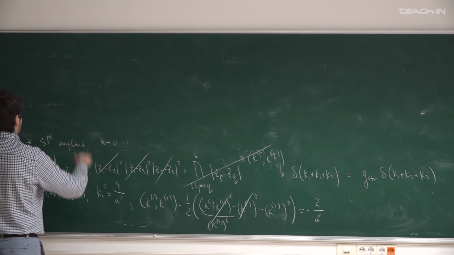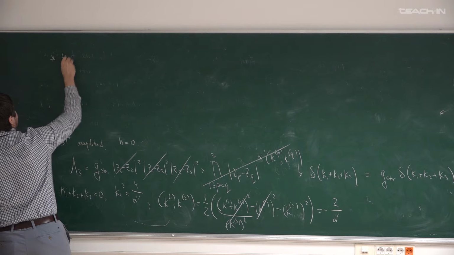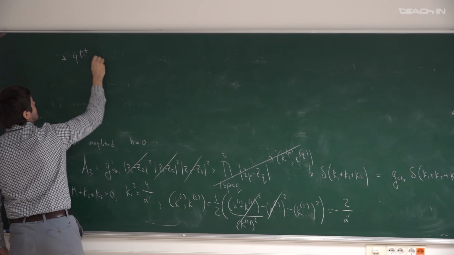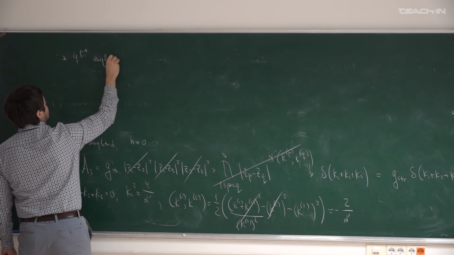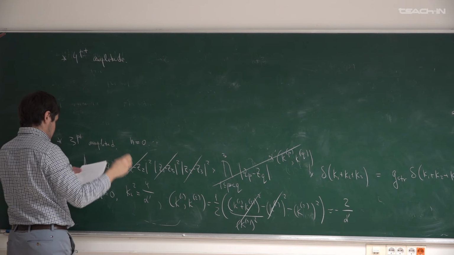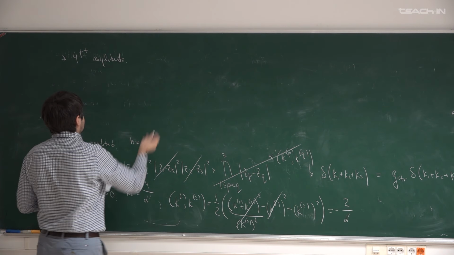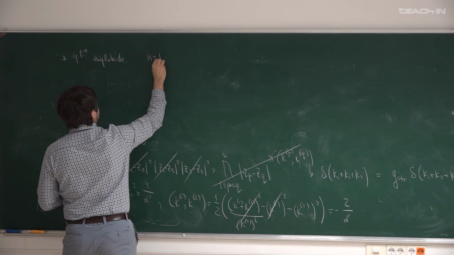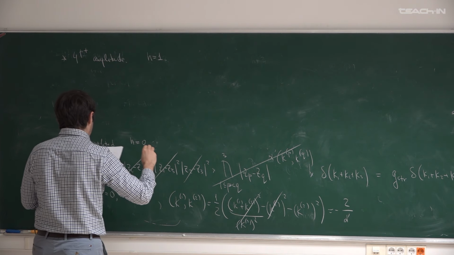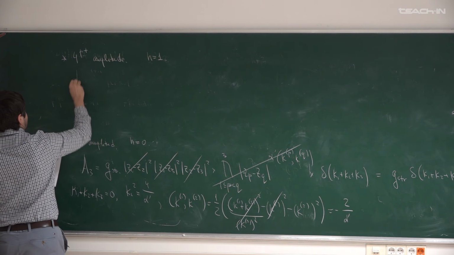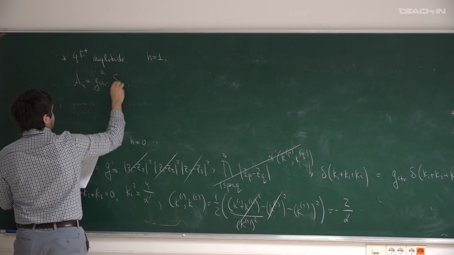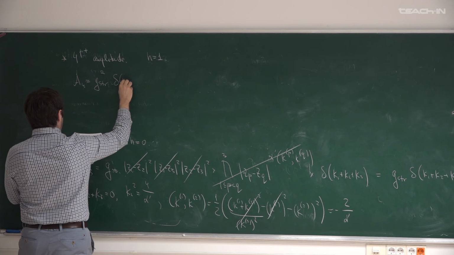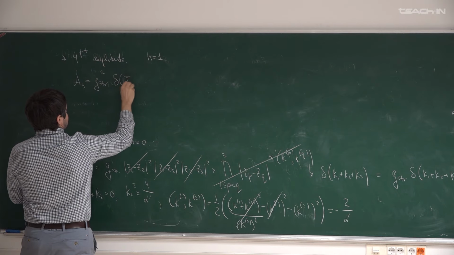So A4 is G string squared, delta of K1 plus K2 plus K3 plus K4, the sum of all momenta.